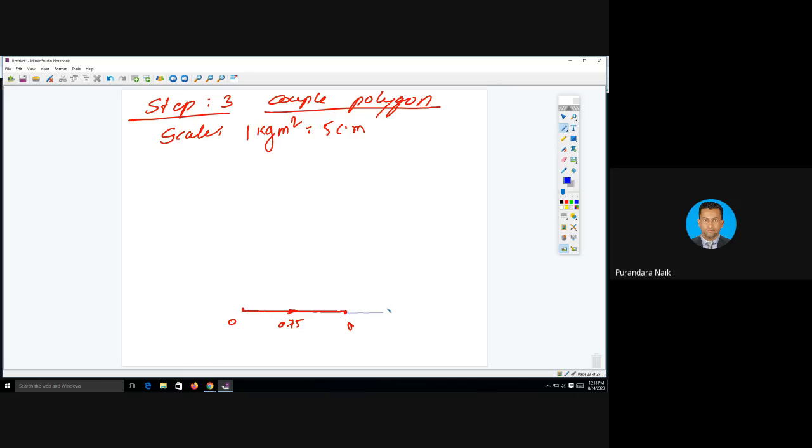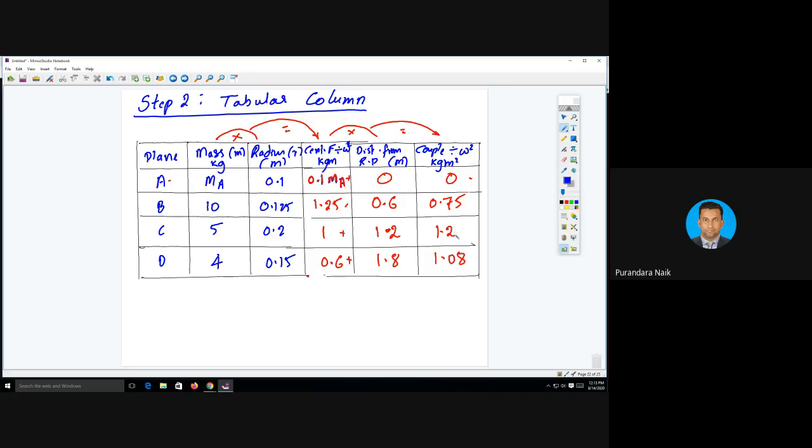Next is C. Couple C is 1.2. 1.2 into 5 centimeter will get 6 centimeter length.